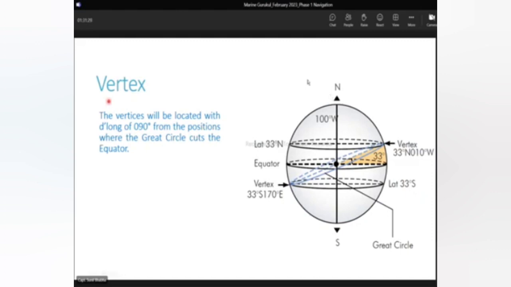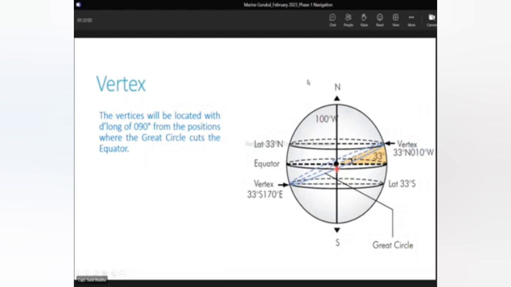Now moving further, two more important properties of the vertex. The vertices will be located with a d-long, a difference of longitude, of 90 degrees from the positions where the great circle track cuts the equator. You can have a look at the diagram and follow the laser pointer. It is at this particular position that the blue great circle is crossing the equator.